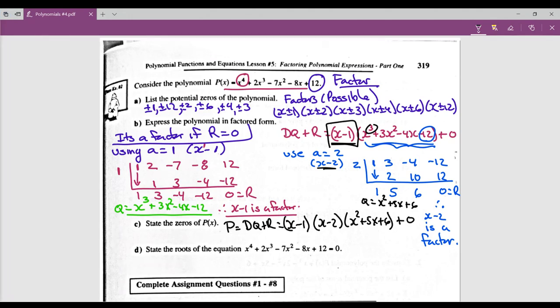Then the final bit, this is a regular quadratic. So it's what multiplies to 6 and adds to 5. So the final factored form is x minus 1, x minus 2, x plus 2, x plus 3. That is your answer.